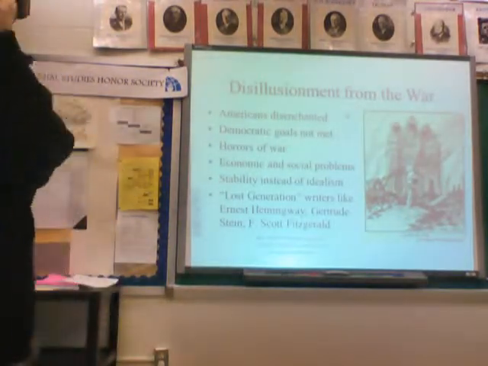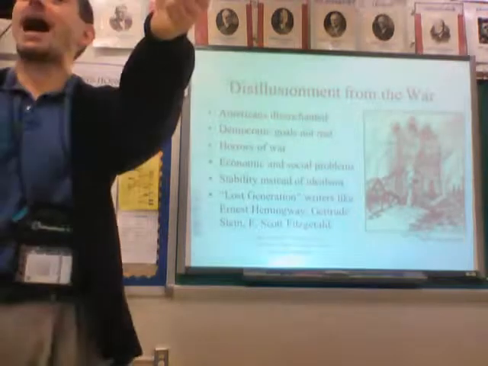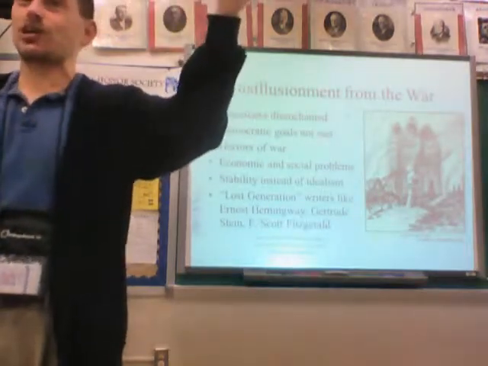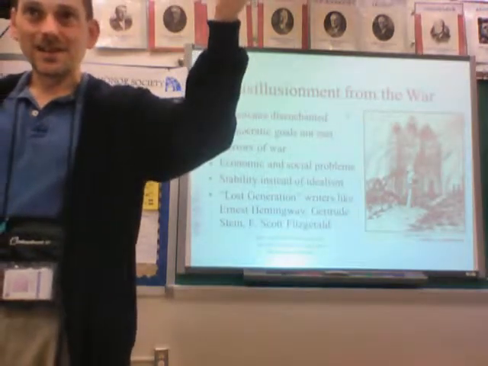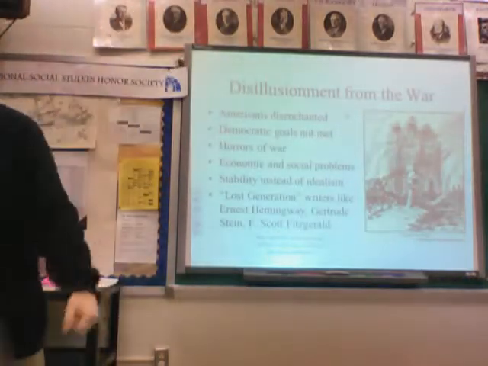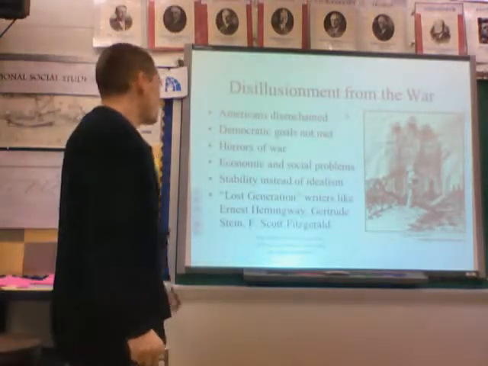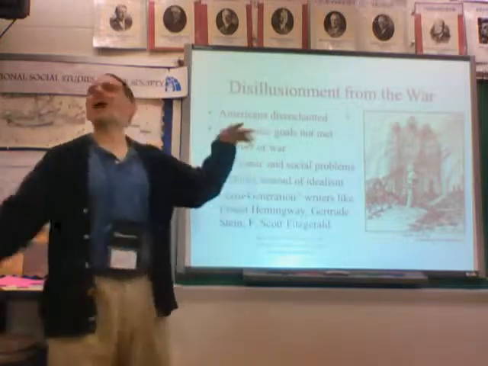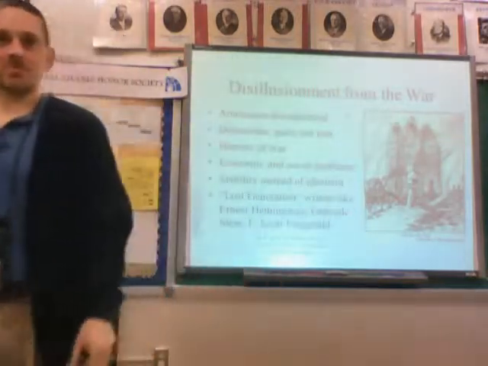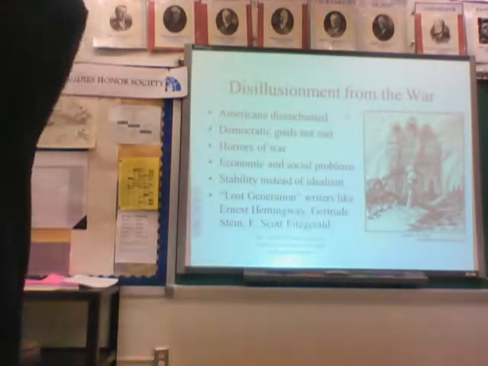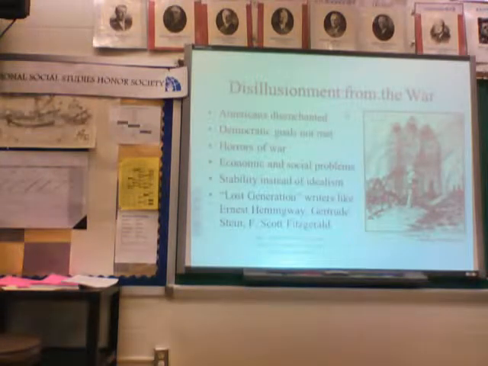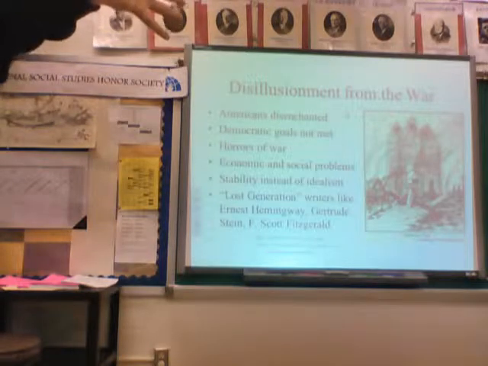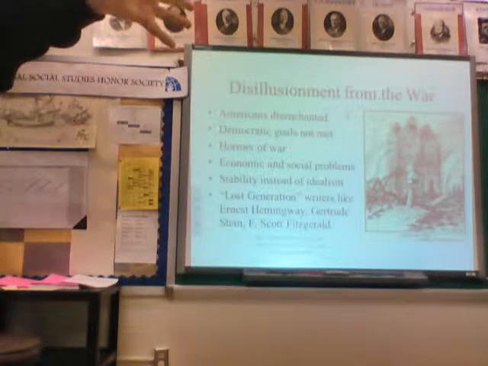You've got 19th century armies going into battle with 20th century equipment. Lots of people died. People were fed up with idealism and democracy and freedom and the belief that you could create a perfect society. People were fed up with progressivism by 1920.